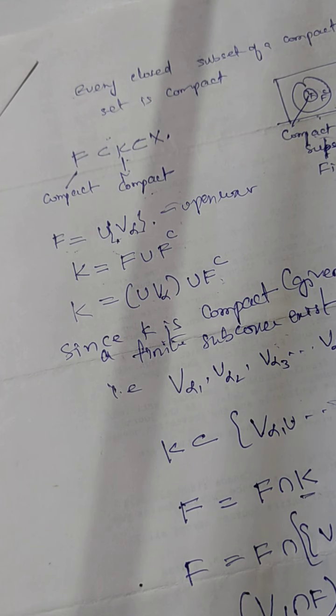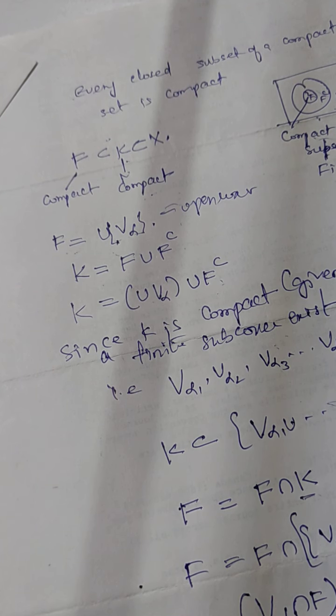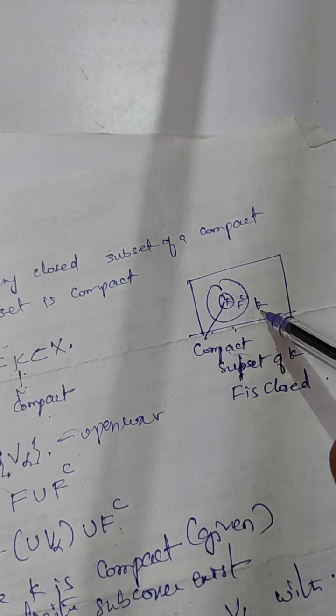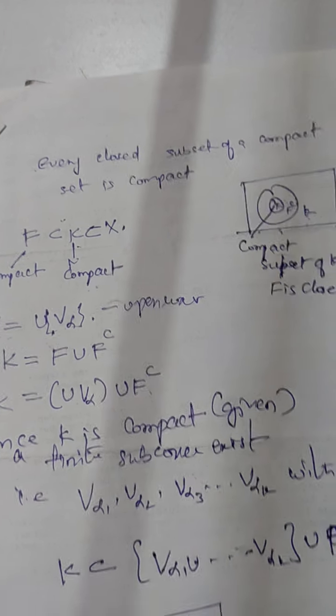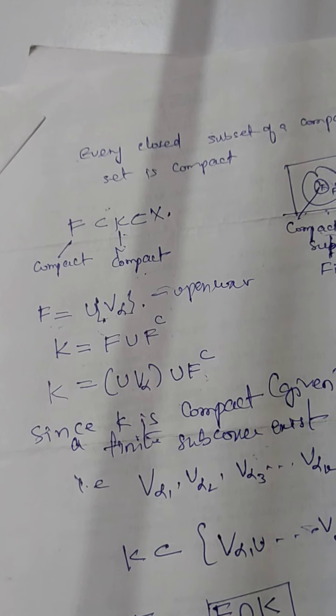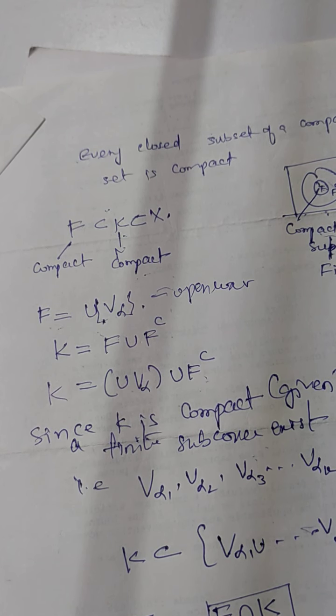Alright, now the next problem that we have here is, from that we can also say that F intersection K is compact, right?